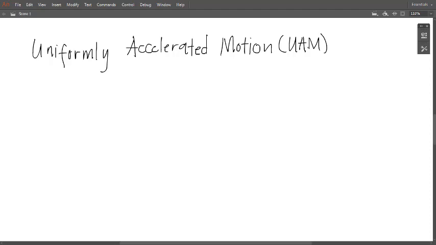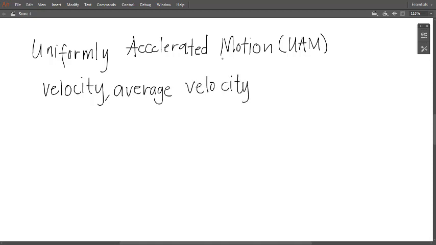Okay, using the following equations on velocity, average velocity, and acceleration, you can derive other equations.